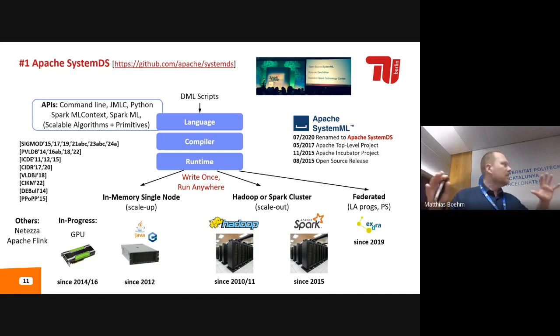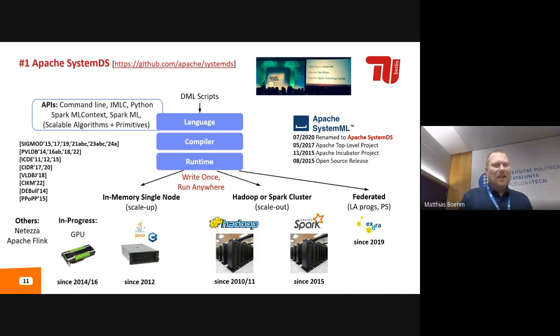What we really learned through this decade of development is that the separation of concerns between what we want to compute, so the implementation of new algorithms and new primitives, and the individual backends is of utmost importance and super valuable, because the technology landscape will always evolve. MapReduce was gone at one point and new backends come and go, but the investment into those algorithms and primitives is protected because they are shielded through this optimizing compiler.